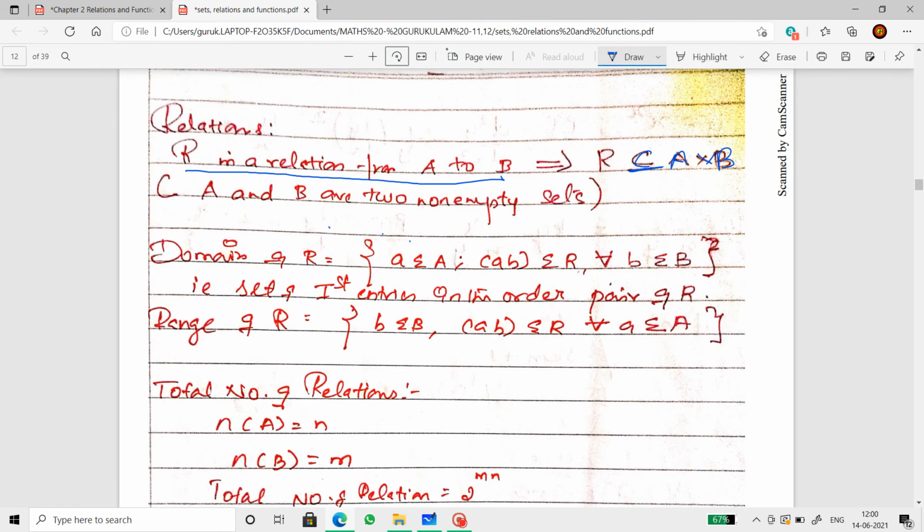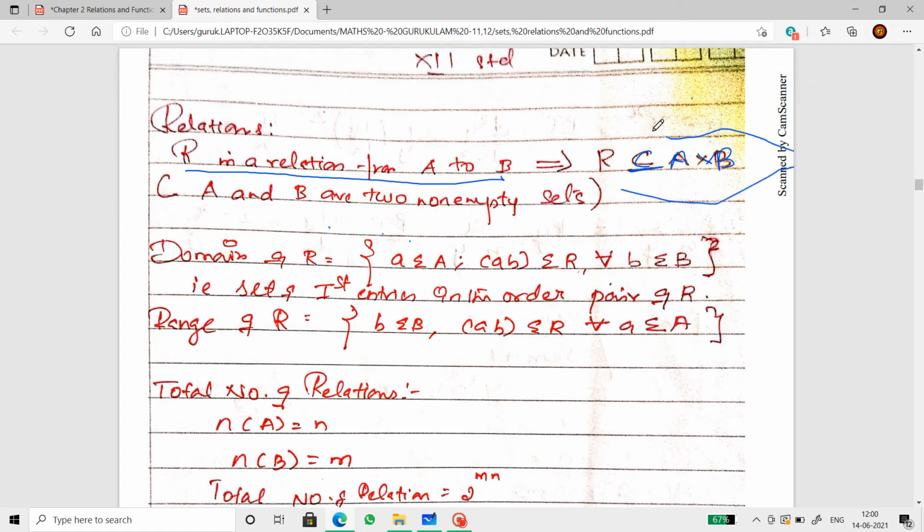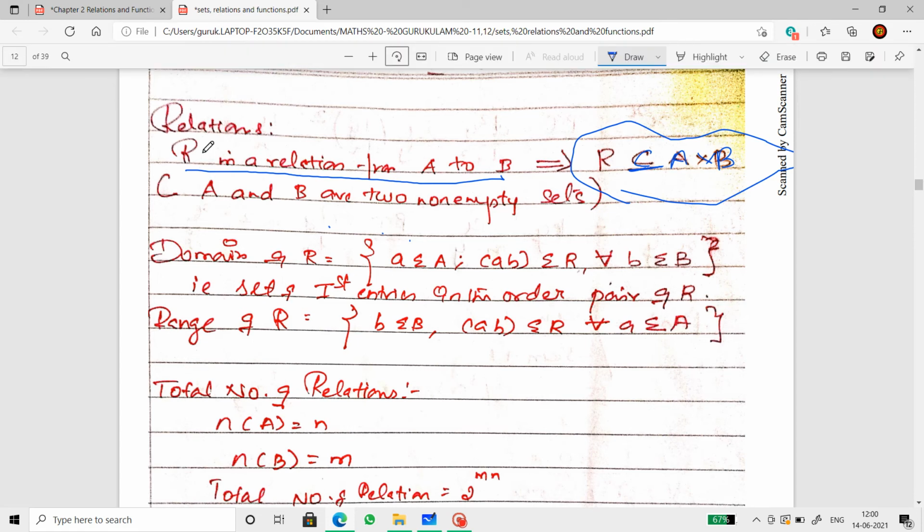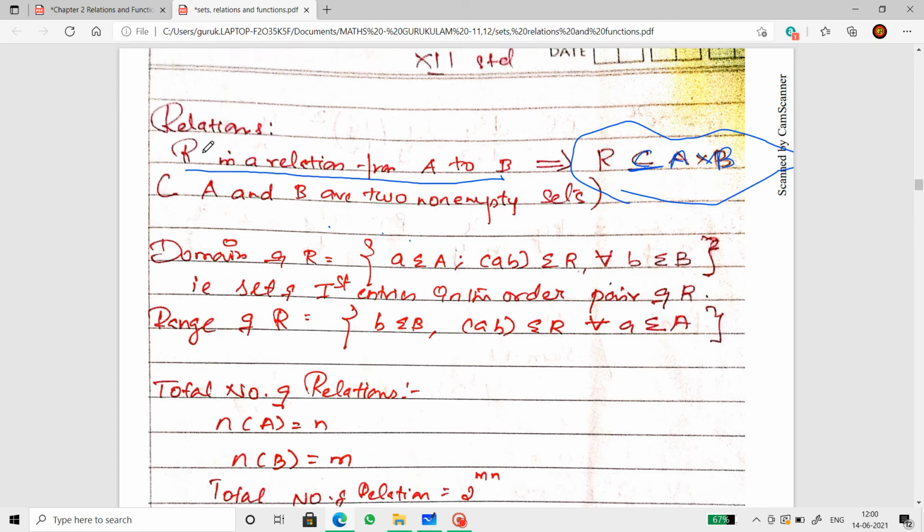I would like to say this again and stress this point. What is a relation? The relation set must be a subset of the cross product of two given sets. Now, never forget the basic concept of relation, because this is going to help you in the long run, because we are going to study the types of relations and all those things.